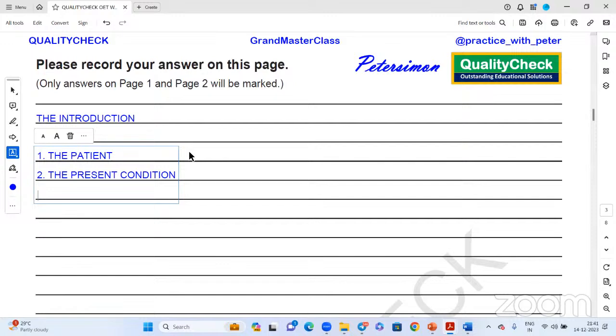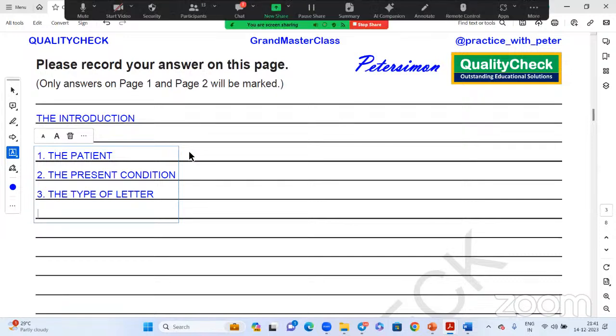The next one is, what type of letter you are writing? The type of letter. So you're supposed to write what type of letter you are writing. Yes.